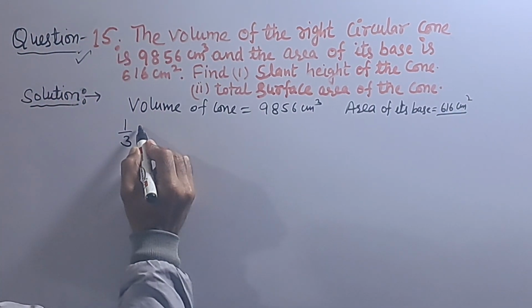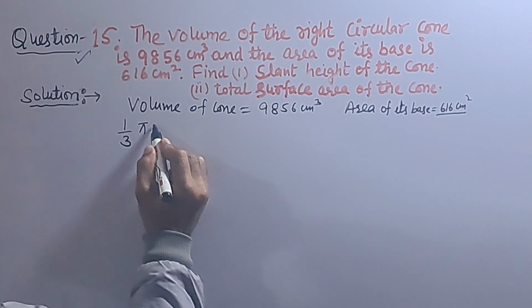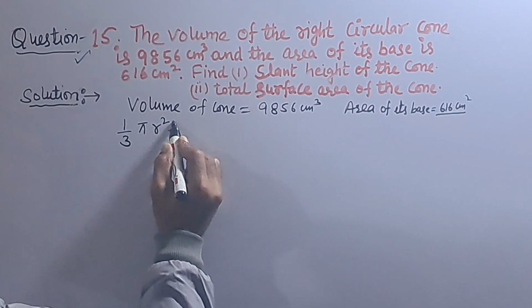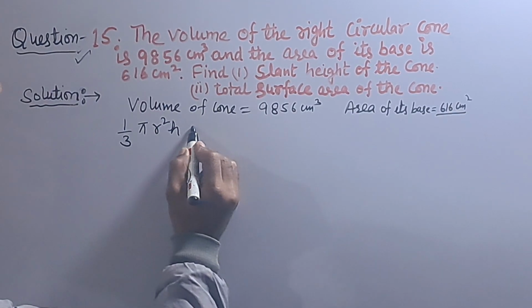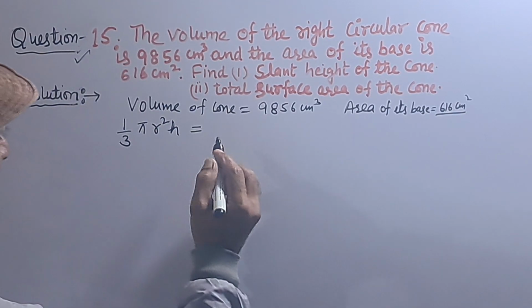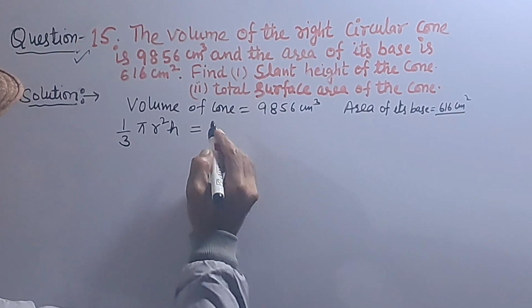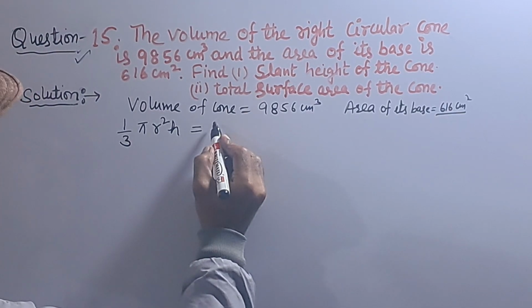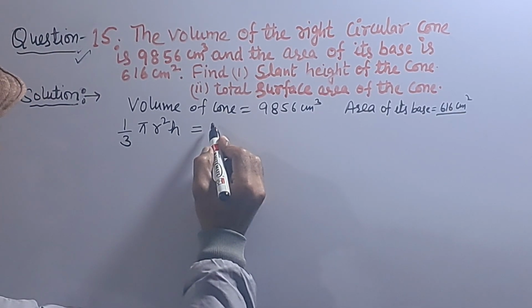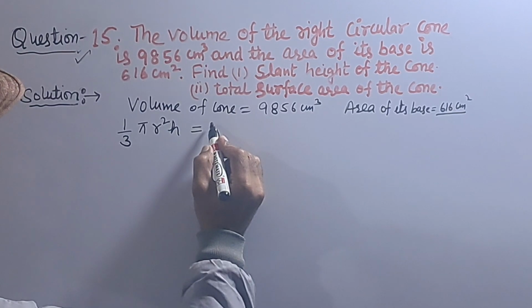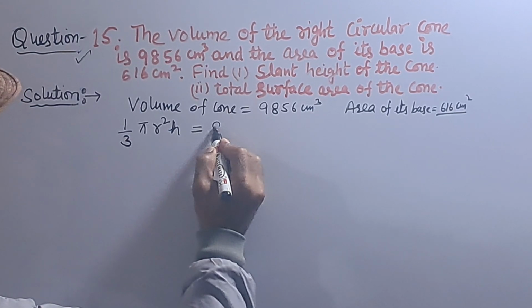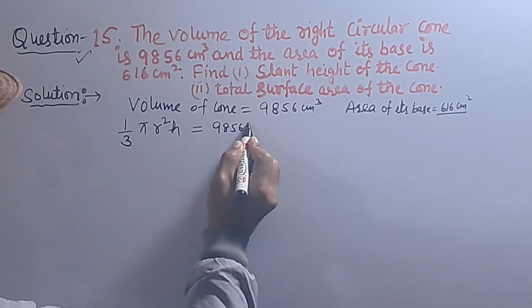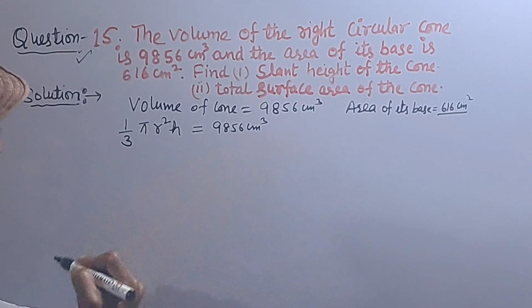Volume of cone is 1 upon 3 pi r square h, that is equal to 9856 centimeter cube.